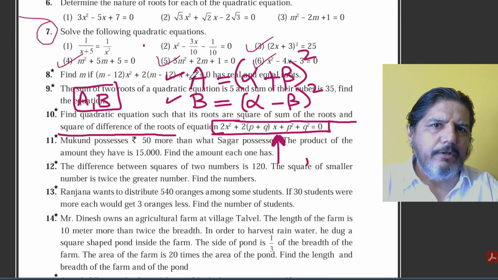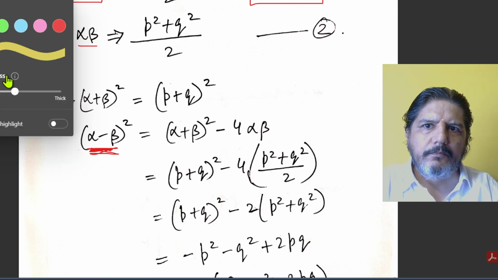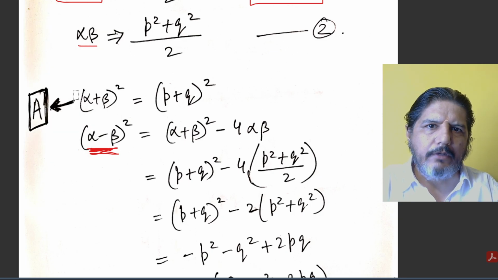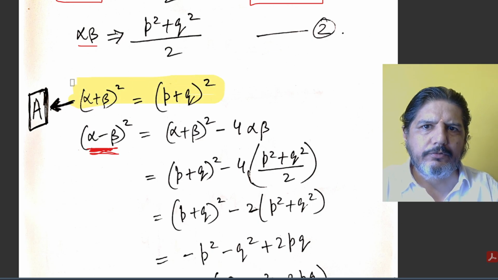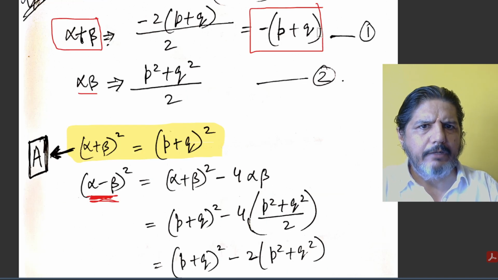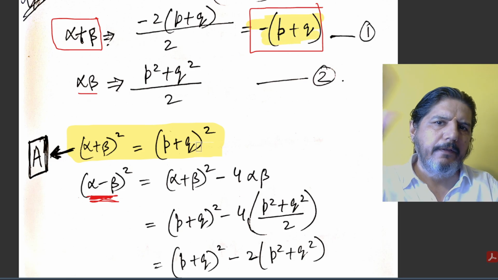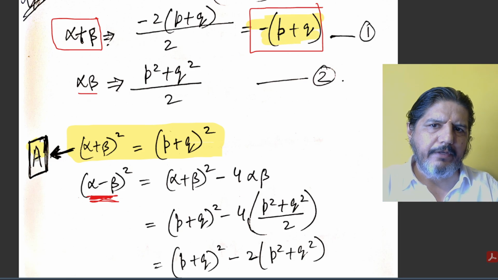The value of A is alpha plus beta whole square, and alpha plus beta whole square was very easy to find because I found it from here. Alpha plus beta is minus b upon a, so p plus q whole square. So this is the value of A that I found.